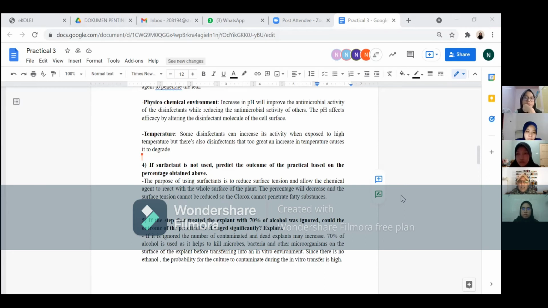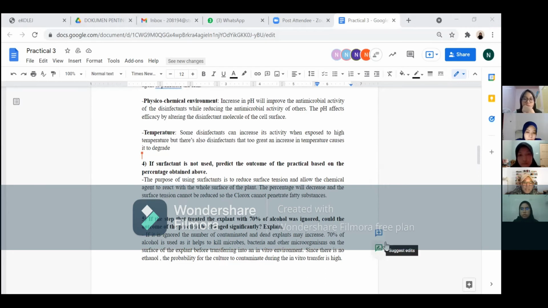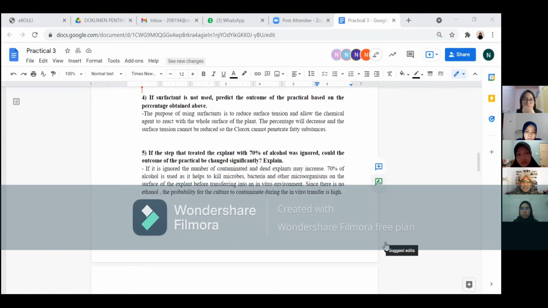Okay. Question number 5. If the step that treated the explant with 70% alcohol was ignored, could the outcome of the practical be changed significantly? Explain.